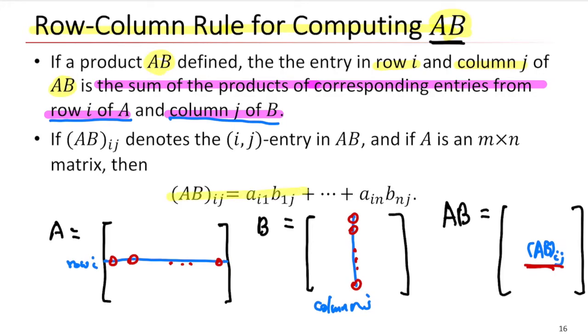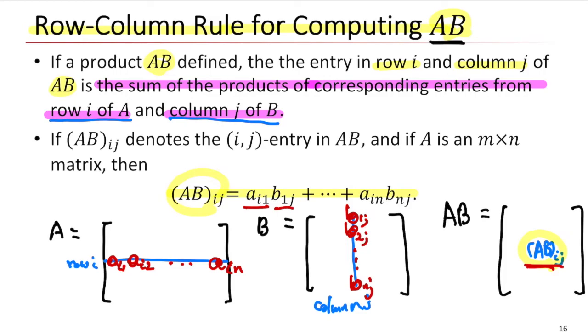In other words, this value will be A_i1 times B_1j plus A_i2 times B_2j through A_in times B_nj, something like that.